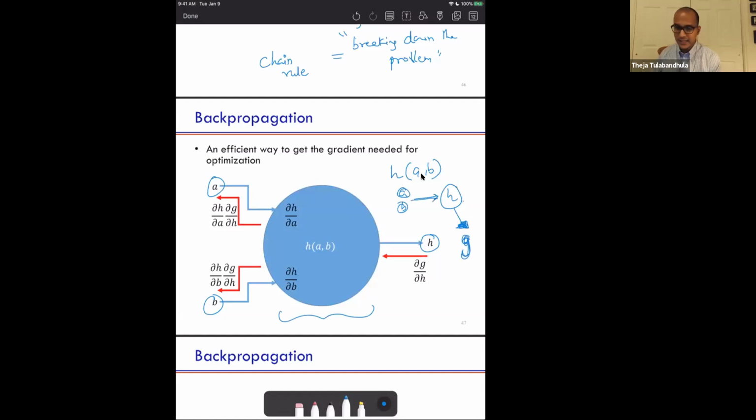This big circle is a node, and there are two inputs, A and B, and a blue output H. So it's a node with two incoming edges and one outgoing edge, a node in what is called a computation graph.